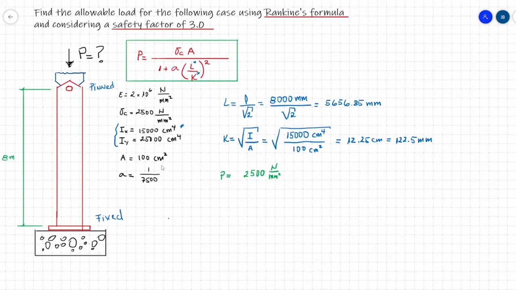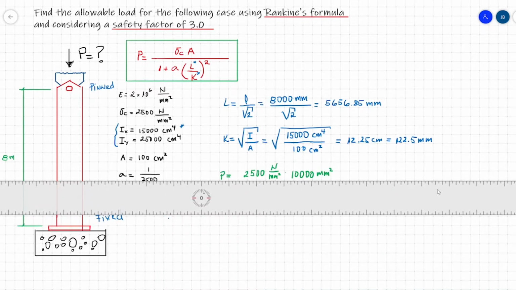We have the area in square centimeters, so we have to convert it to square millimeters. So it's just multiplying by 10,000, square millimeters.